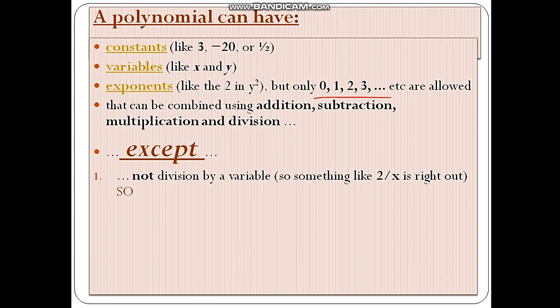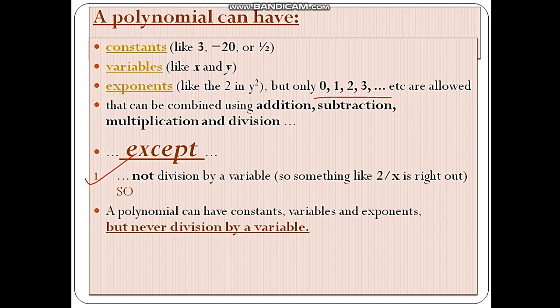Except, what cannot come into the polynomial? Not division by the variable, like 2 by x. So a polynomial can have constants, variables and exponents, but never division by the variable.